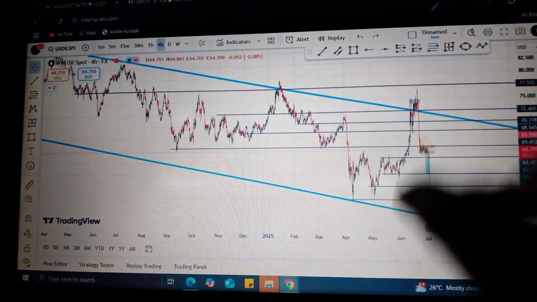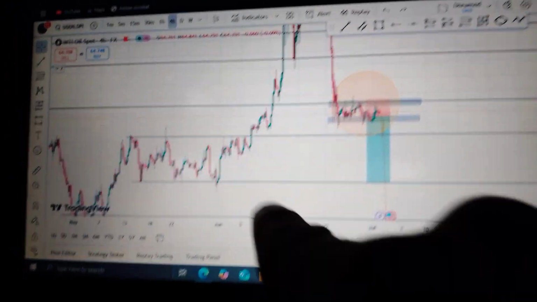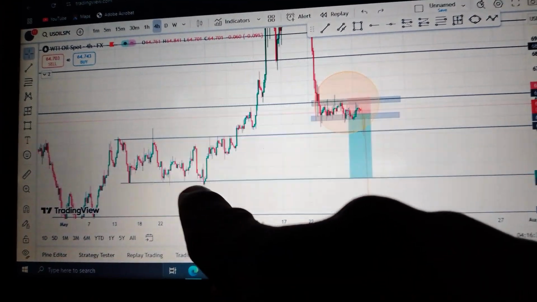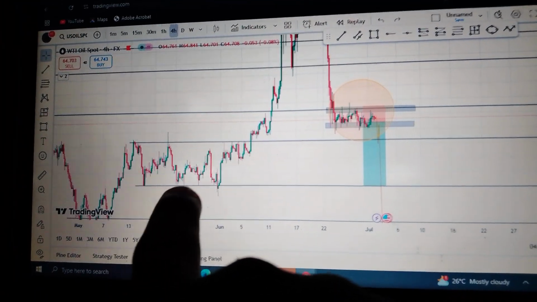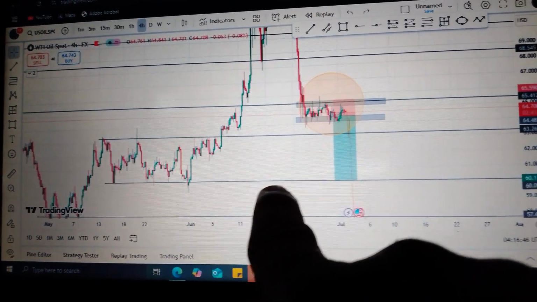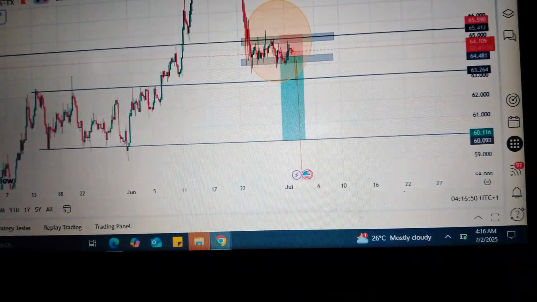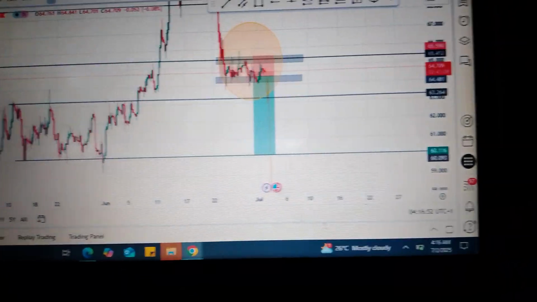You can see it's on a downtrend, right? I took an early trade using this as my take profit level because price has rejected this place as support multiple times. You can see multiple times, so it's very, very strong.